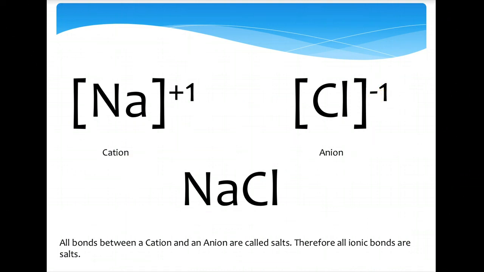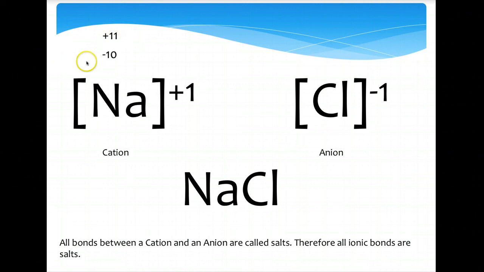Okay, so let's look at a closer look at that. Sodium is atomic number 11 on the periodic table. That means it has 11 protons in its nucleus. Now, we're not changing the nucleus, we're just talking about electrons that are being donated. So that number is going to stay the same.